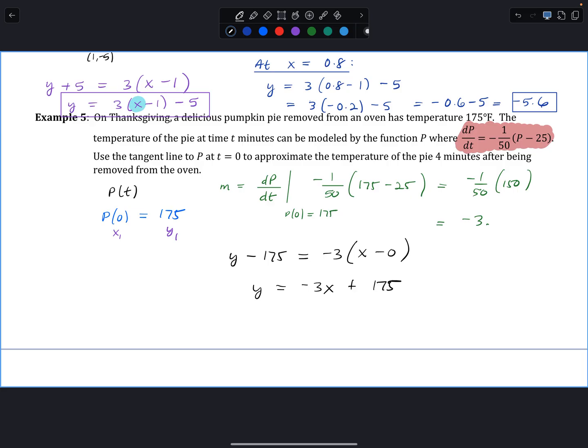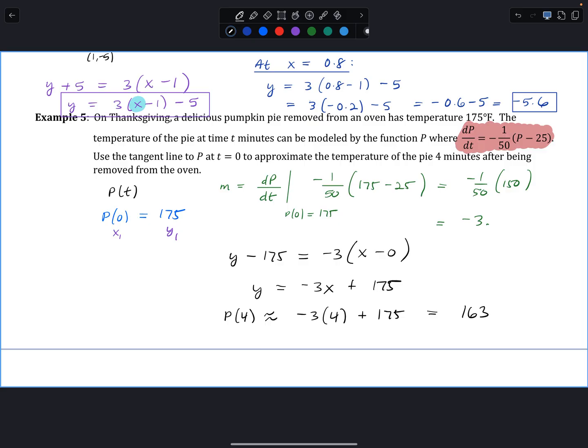Now, what am I trying to figure out? Temperature at 4 minutes, right? So P of 4 is approximately negative 3 times 4 plus 175, which is 163.